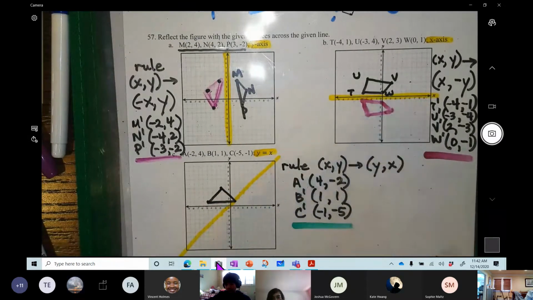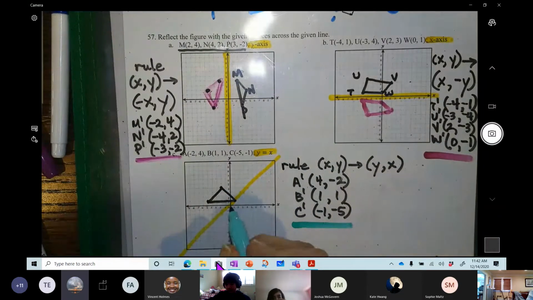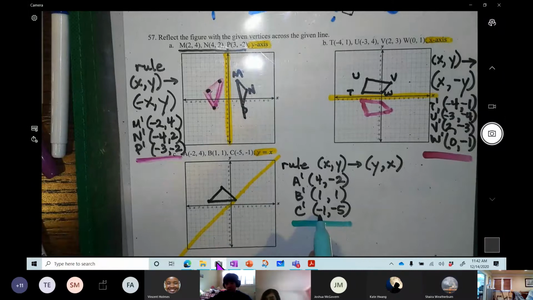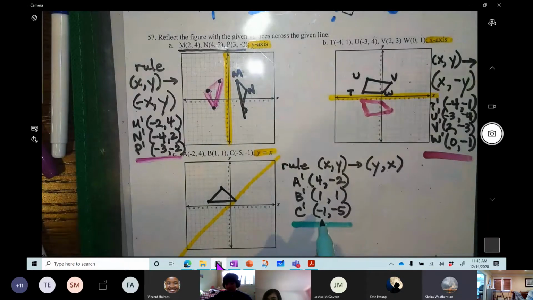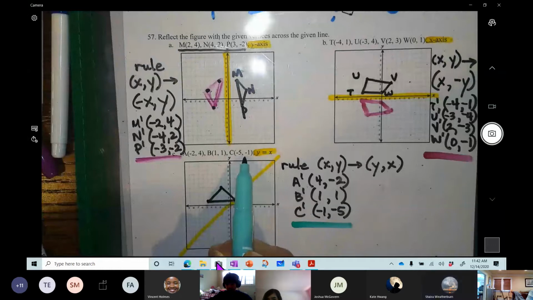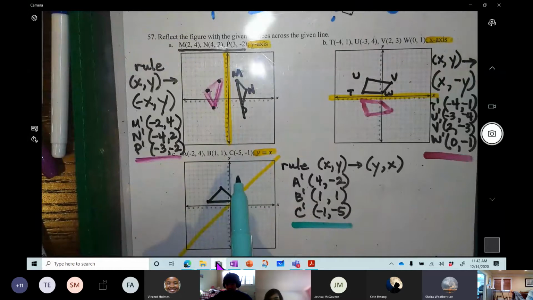Miss Payne. Yeah. For the points for C, it's negative 5, negative 1. I think you put positive 1. Here? I haven't drawn it yet. No, for the other one. For the original points. Oh.